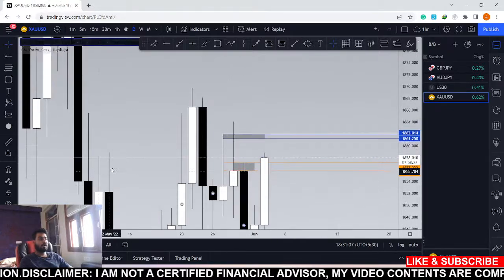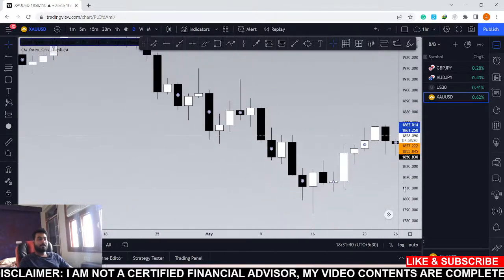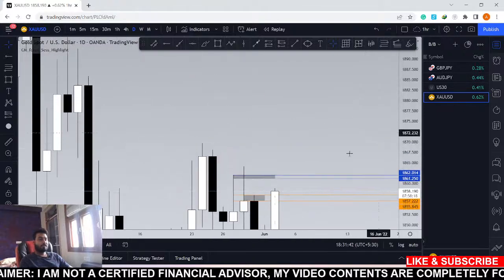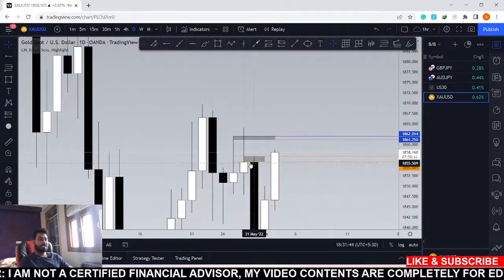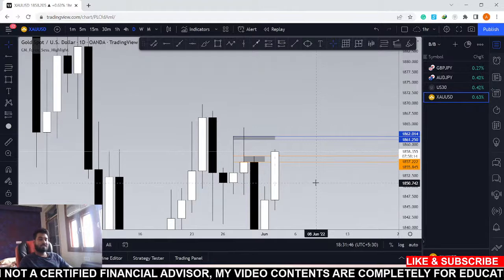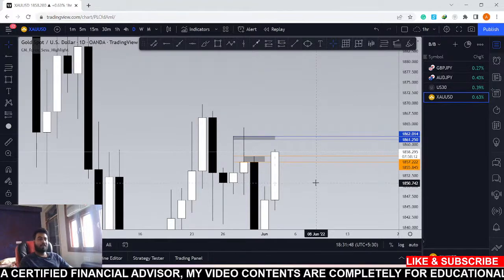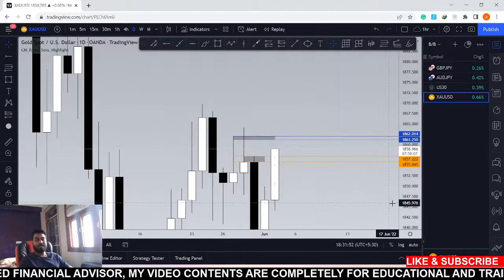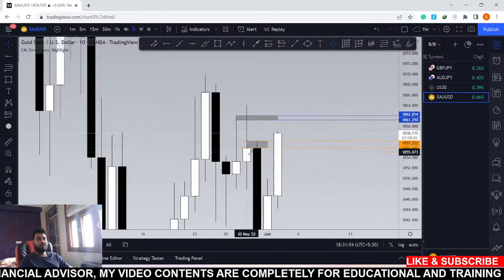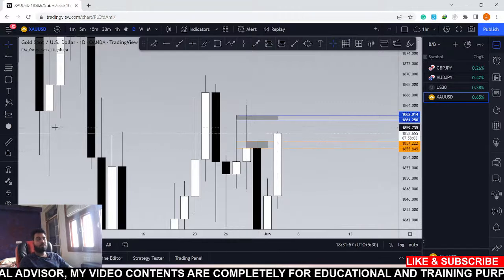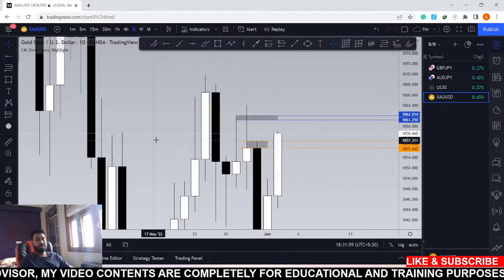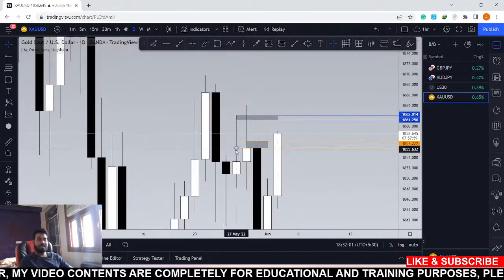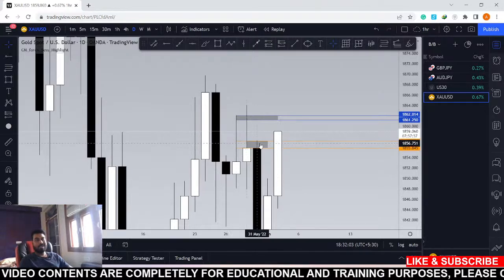You don't have to go a lot deeper, a lot earlier. Just mark the recent one, because intraday you just have to catch some 10 or 15 pips. For just a 10 or 15 pip move, it will give you that move from that recent resistance. So you don't have to go all the way back 2 or 3 months. Just the recent resistance. I mark it on the daily.